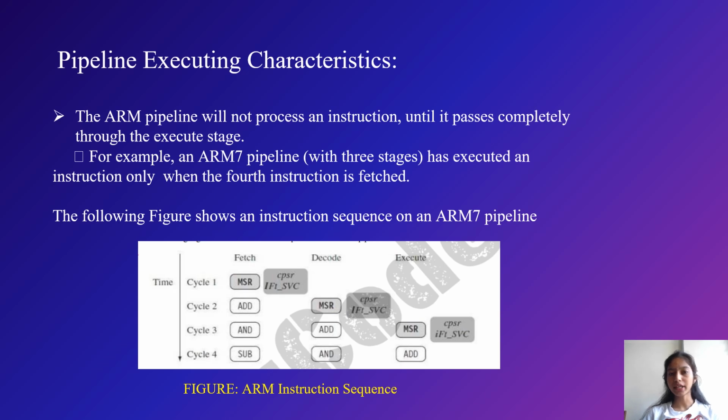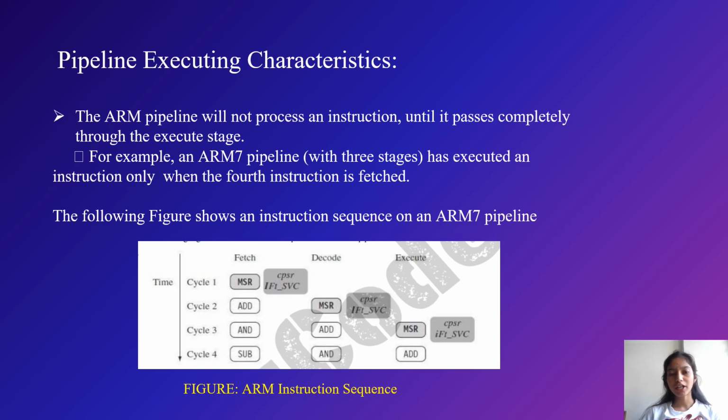Pipeline executing characteristics. The ARM pipeline will not process an instruction until it has passed completely through the execution stage. For example, an ARM7 pipeline with 3 stages has executed an instruction only when the fourth instruction is fetched.